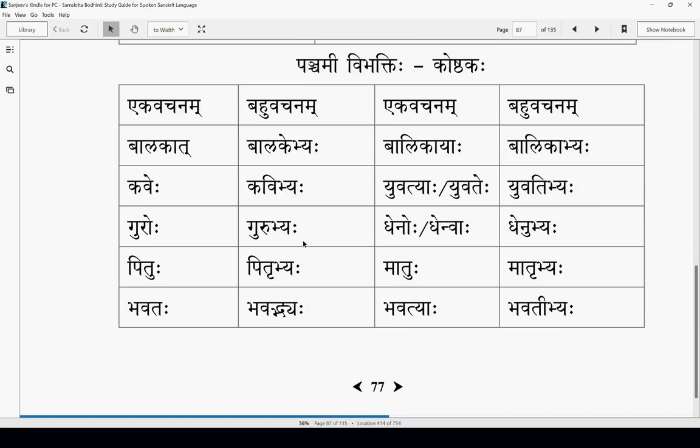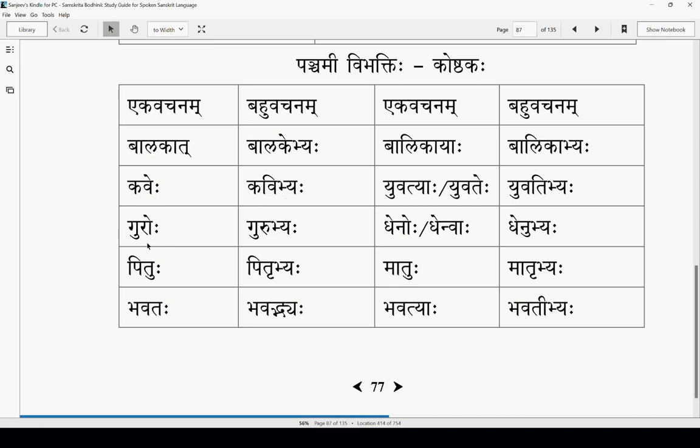Same thing here, Bahuvachana forms is Balakat, Balakebhyaha. So note that Chaturthi and Panchami Bahuvachana forms are the same everywhere, not only Balak.